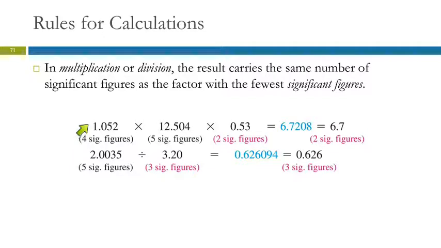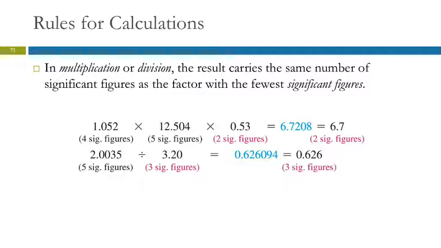What we're going to do is look at the first number, which has 4 significant figures. The second number has 5 significant figures. This third number has 2 significant figures. The 0 in front of the decimal point is not a significant figure. And then this is the easy part. Which is smaller, 4, 5, or 2? Well, 2 is the smallest. So that says I need to round this number to 2 significant figures.